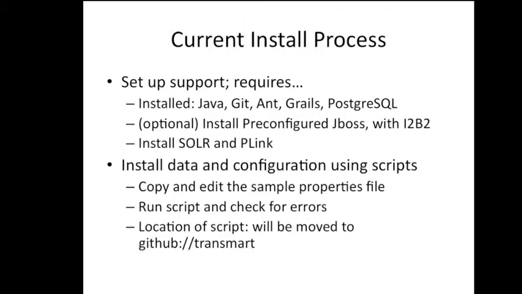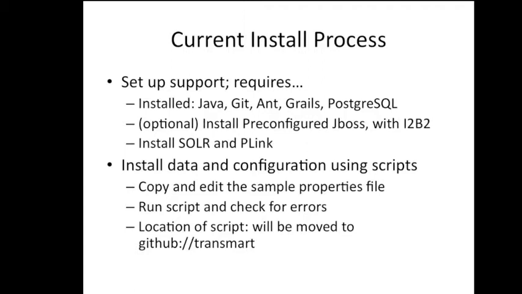Once you do that, there is a script. It's currently on the Hive's GitHub site, but there will be a copy of it on the tranSMART GitHub site shortly. There's a sample profile properties file that you have to edit.